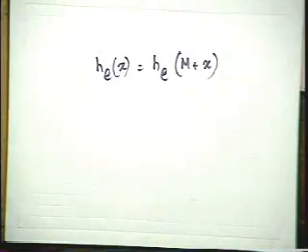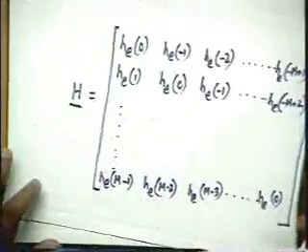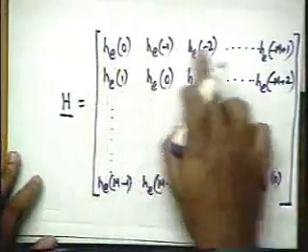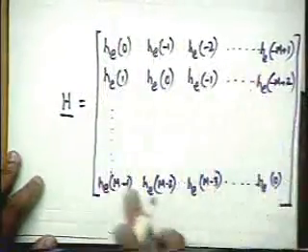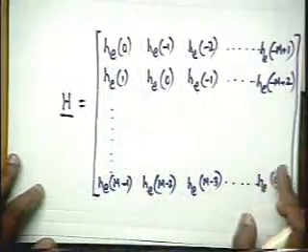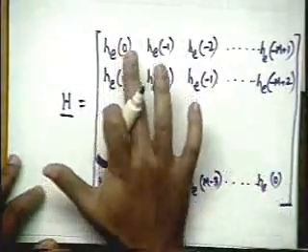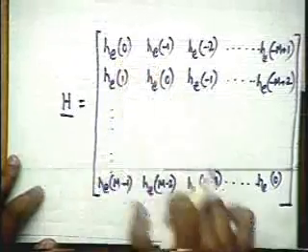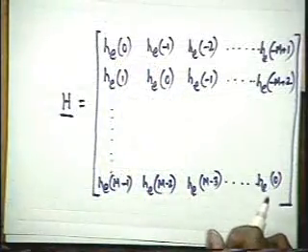If we make use of that property, then it is possible for me to represent all the elements of this capital H matrix, and the arguments I can always write within the limit 0 to M minus 1.